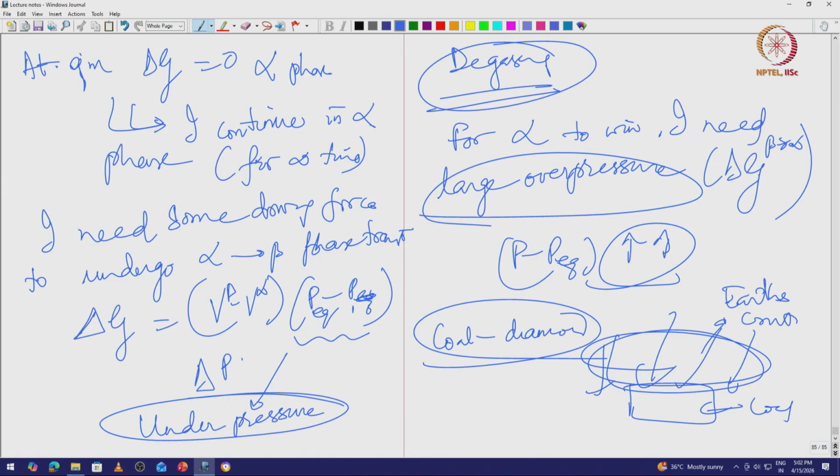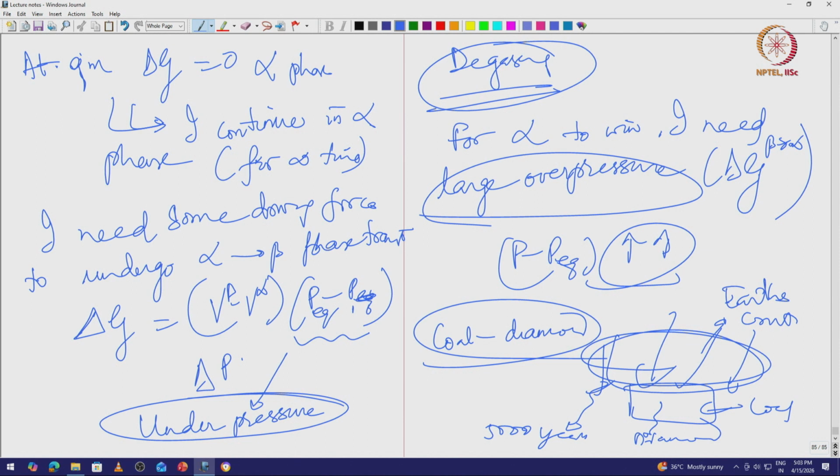Because of some natural events, it took about 5,000 or 6,000 years for this coal to convert into diamond, right. Now, if only nature could have provided more pressure, it would have converted maybe faster, right. So, the over pressure was such that the coal could convert to diamond in 5,000 years. So, that is where the time scales come in.